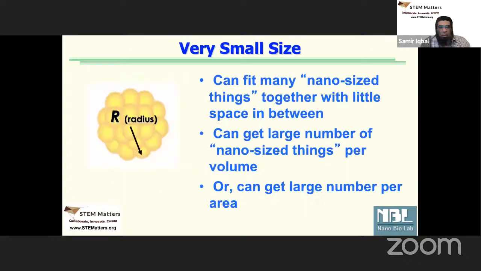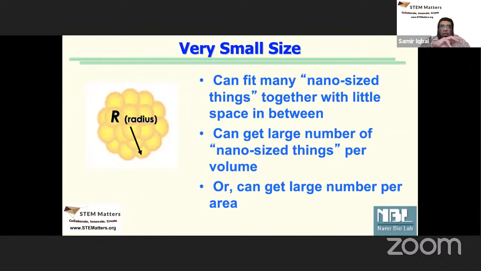Now what does it mean when you have a very small size? We can either fit many nanoscale things together with little space between them, a large number of things in a small volume, or we can just get a large number per area.